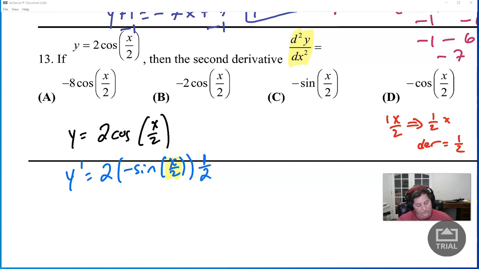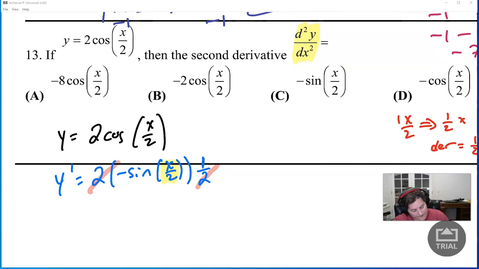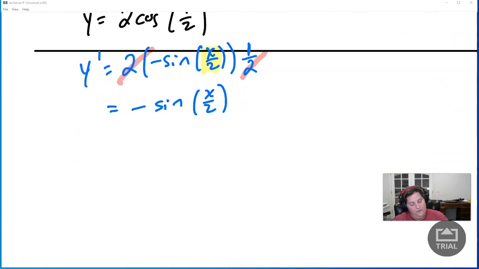That's my first derivative. Let me simplify this out a bit before I move on. So that's going to be negative sine x over 2, because the 2 and the 1/2 cancel out. All right, now it's time to do my second derivative. Well, the negative stays there. Derivative of sine is cosine.